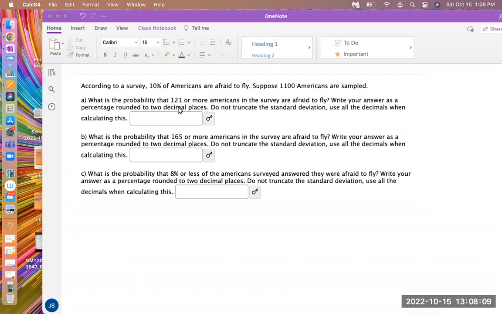Okay, so it says, according to a survey, 10% of Americans are afraid to fly. So they're definitely giving us a percentage, or a proportion, of Americans who are afraid to fly.